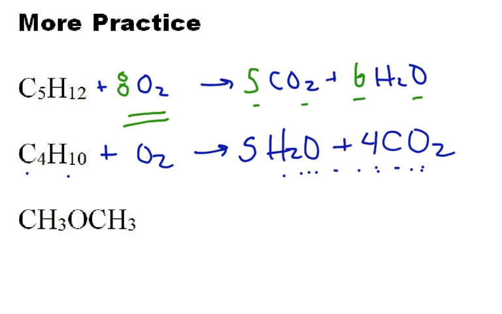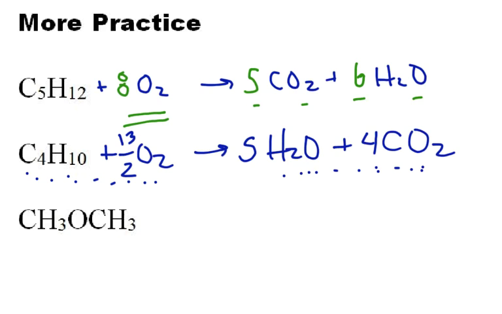Now when I have 13 oxygens, I need to have 13 oxygens on this side of the equation as well, my reactant side. And the way that I do that is writing an improper fraction, 13 over 2. Now if I needed a different odd number of oxygen atoms, then I would just write 7 over 2, or 9 over 2, or 25 over 2, or 1 over 2 if I only needed 1 oxygen atom.